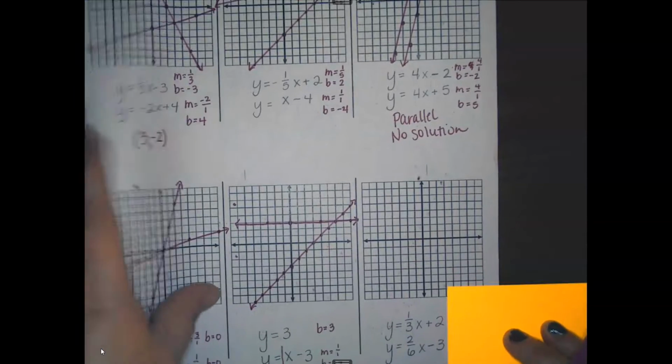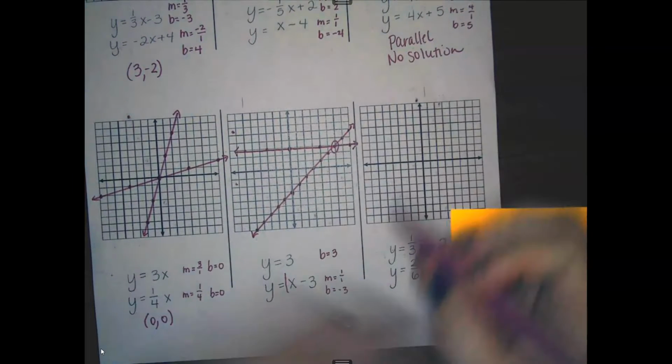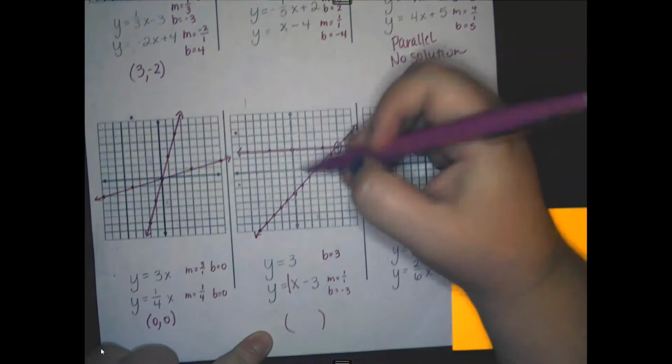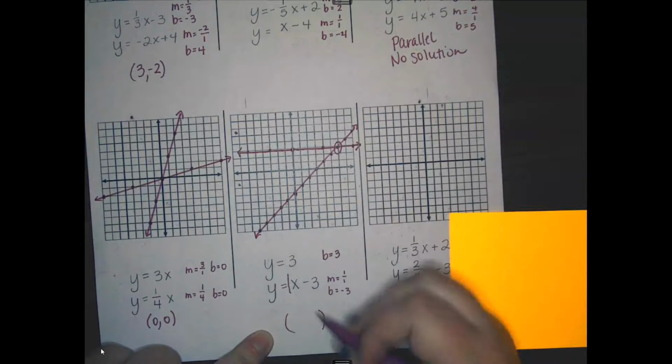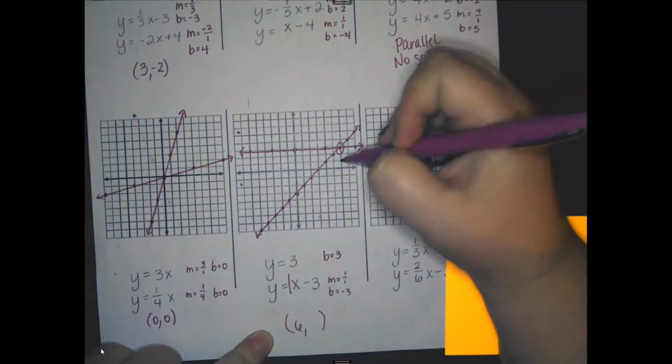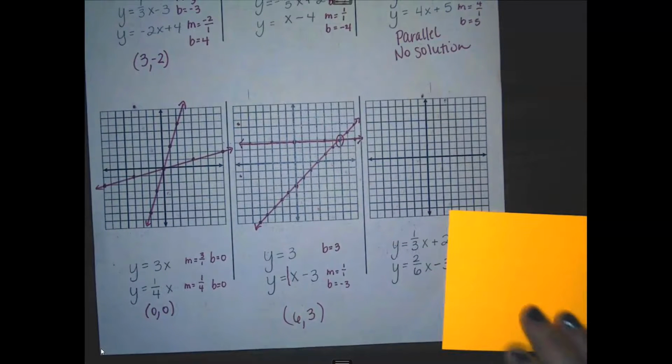Right, and we can see a good intersection there. So that intersection point is, our x value is 1, 2, 3, 4, 5, 6. And our y is 1, 2, 3. So that is our intersection.